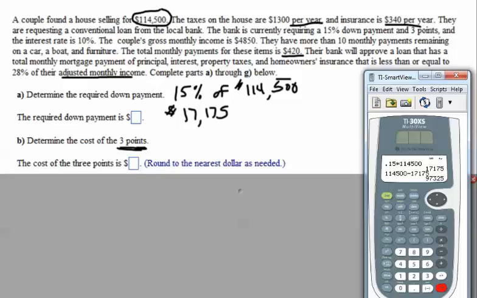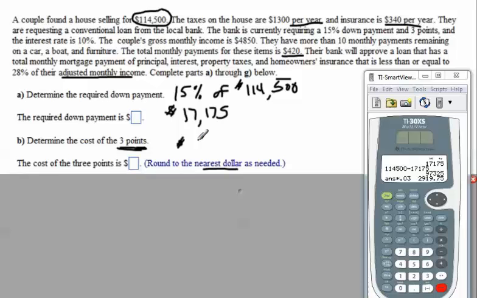And 1 point is going to be 1% of that. So we want 3 points, which means we want to times that by 0.03. So at closing, we'll also have to bring a check for $2,920 because the directions do say round to the nearest dollar.